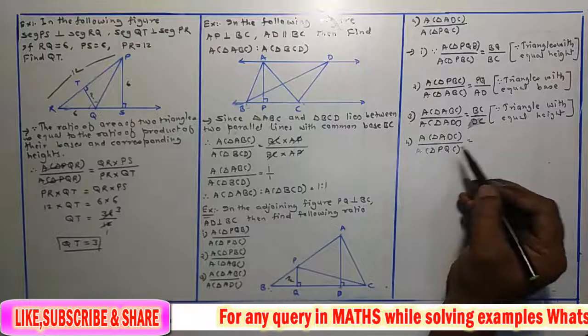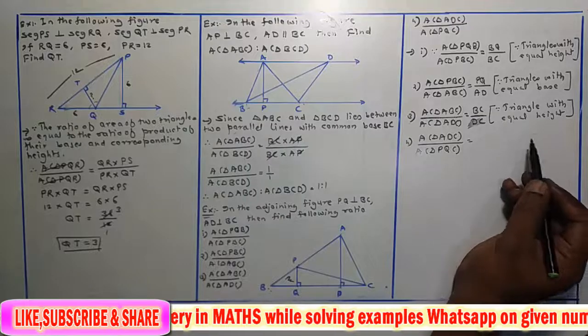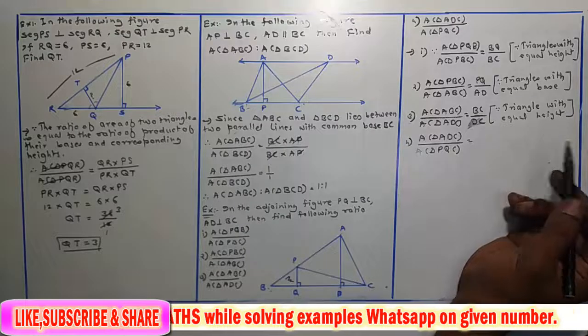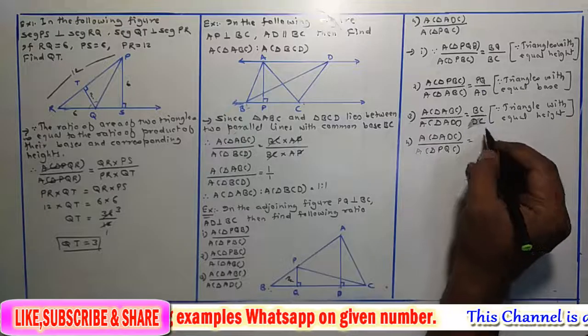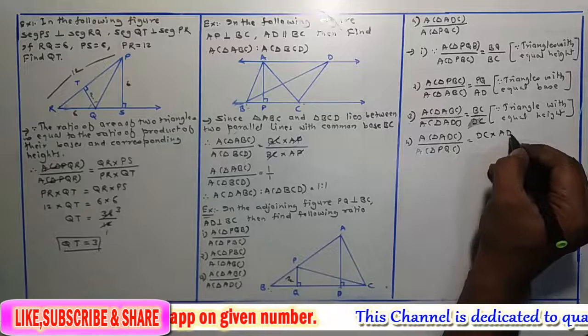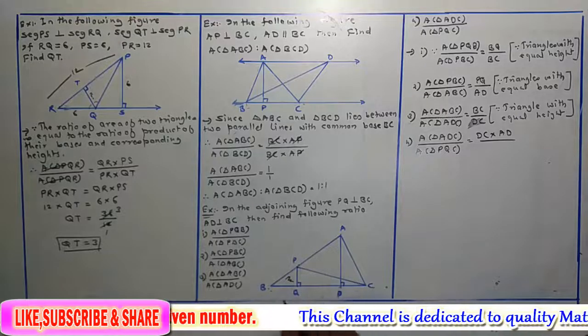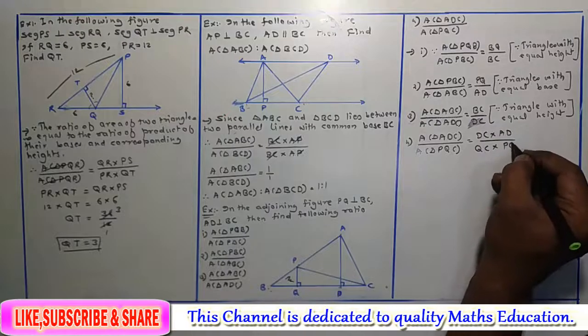So you have to write that first property here, since the ratio of area of two triangles is equal to ratio of product of their corresponding bases and heights. Okay, so for triangle ADC the base is DC into height is AD upon, for PQC the base is QC into height is PQ.